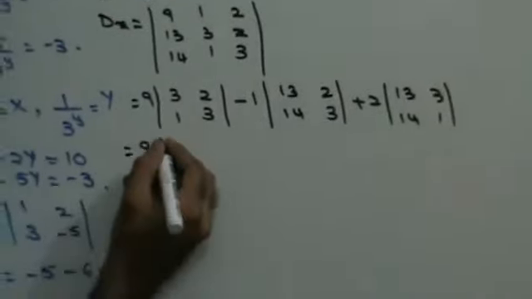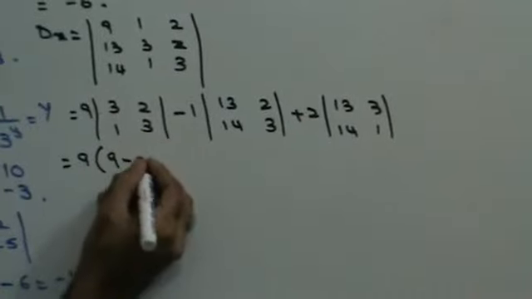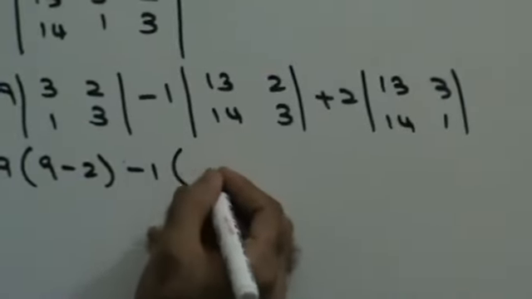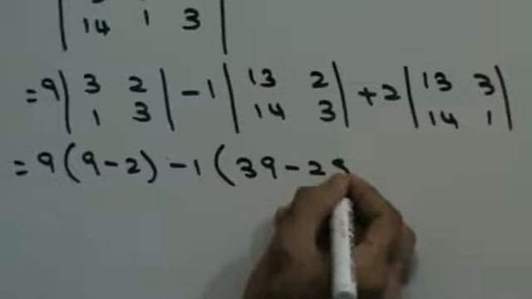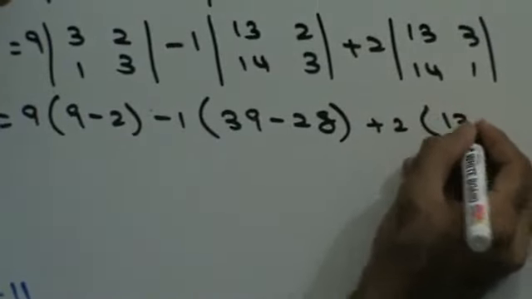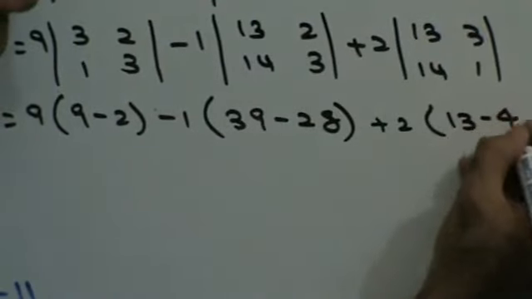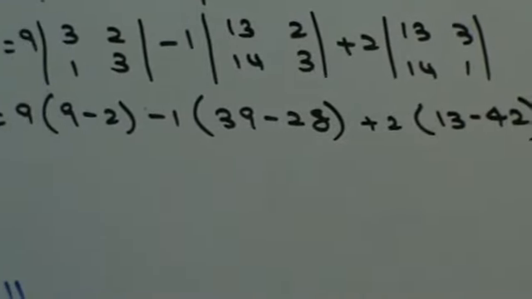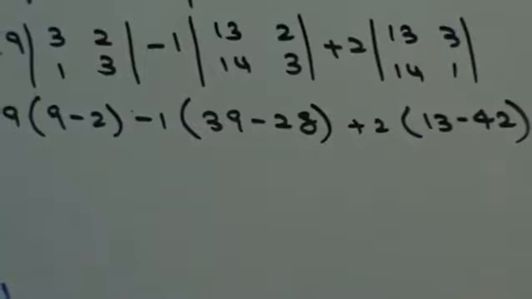So this is going to be 9 times, 3 3s are 9 minus 2, minus 1 times, 39 minus 28, plus 2 times, 13 minus 42. Principal diagonal minus the other diagonal I have done.